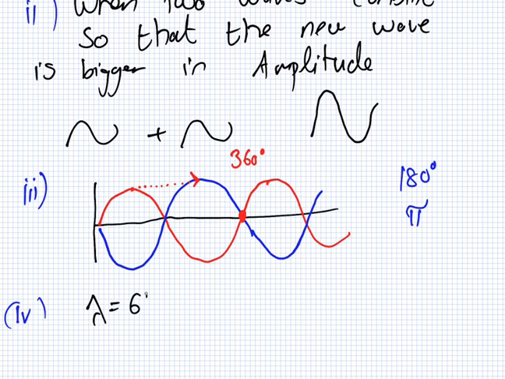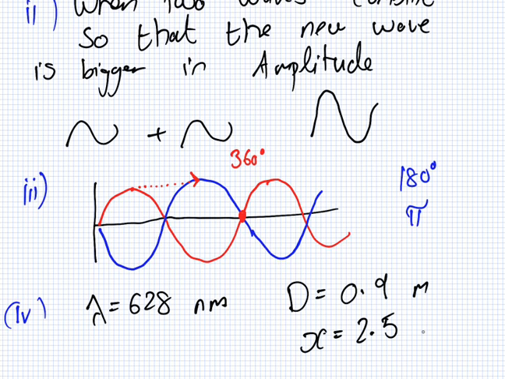Lambda is 628 nanometers. Double slit, 9.8 from the screen. Minus 9. And okay, so we have D is 0.9. The fringes are 2.5 millimeters, and they want the slit separation.